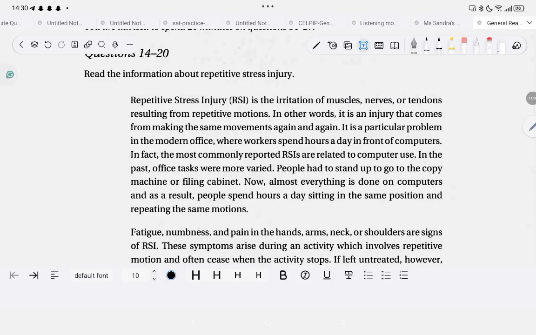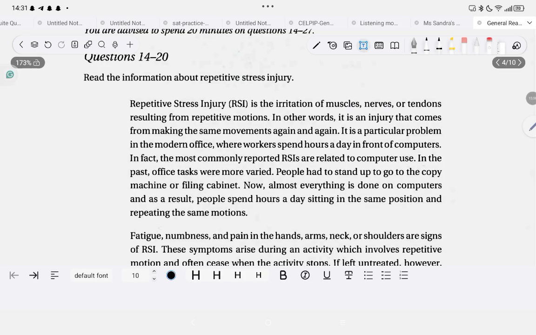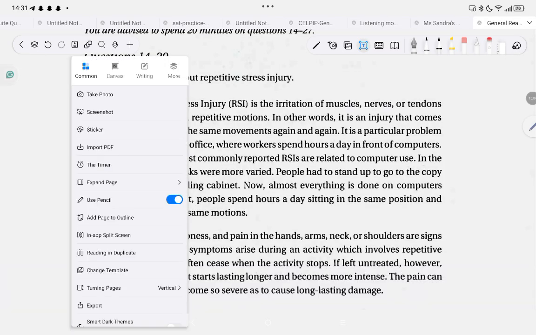Repetitive stress injury is the irritation of muscles, nerves, or tendons resulting from repetitive motions. In other words, it is an injury that comes from making the same movements again and again. Last sentence. Now, almost everything is done on computers, and as a result, people spend hours a day sitting in the same position and repeating the same motions. Give me a second to make this screen bigger.